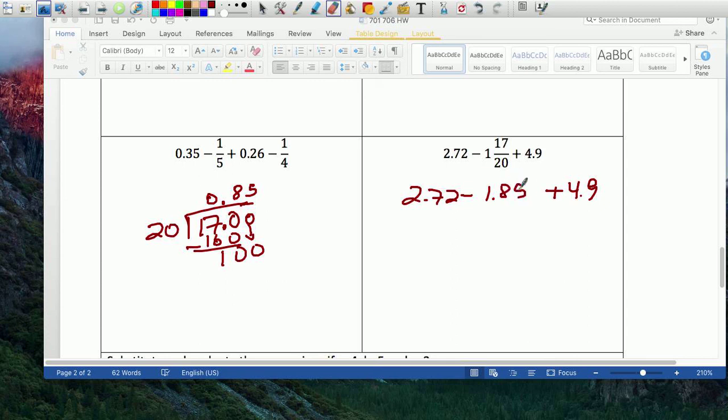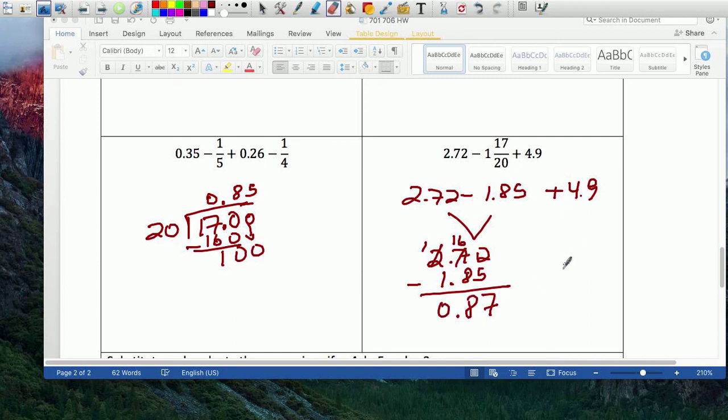That's much simpler. This is much simpler to do than all that stuff I just did. So you can subtract these two and add to 4.9. I'll actually do it. So 2.72, make sure you line up your decimals. Subtract, we've got to do a little borrowing here. That becomes 1, that becomes 17, which becomes 16, it becomes 12. 12 minus 5 is 7. 16 minus 8 is 8. So 0.87.